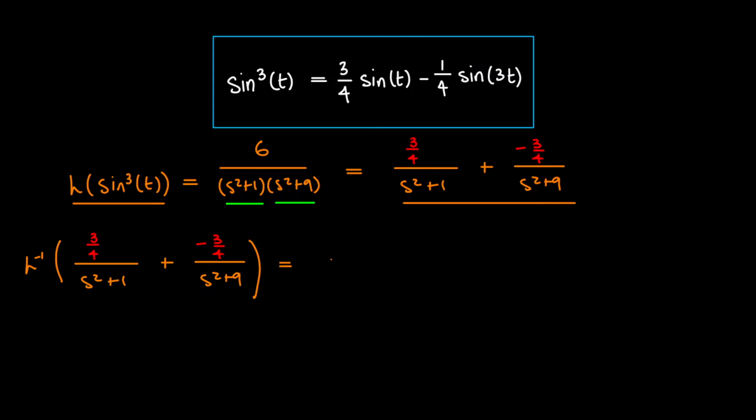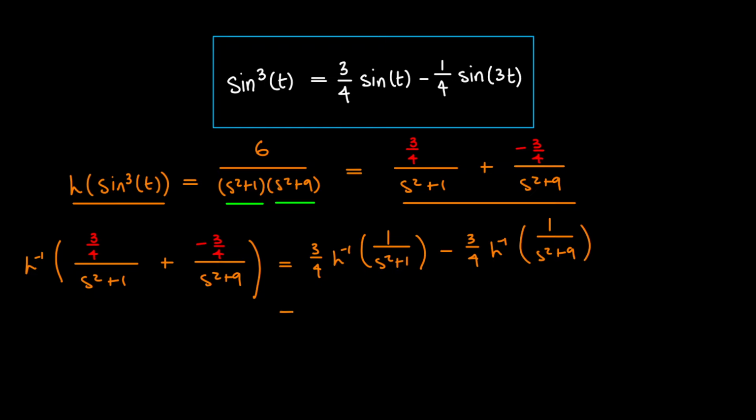This is just going to be 3 over 4 times the inverse Laplace transform of 1 over s squared plus 1 minus 3 over 4 times the inverse Laplace transform of 1 over s squared plus 9. Okay?